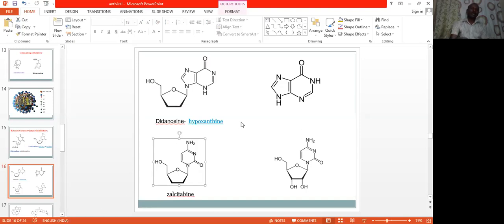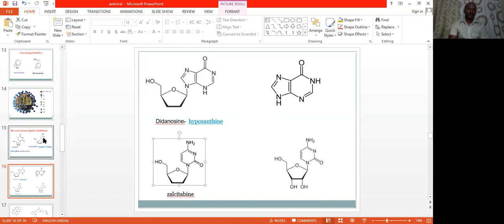If you have zalcitabine, here if you see, this is a cytidine. This is cytidine, actually the normal nucleotide which is present, and if you see dideoxycytidine, these two hydroxyl groups are missing. To this analog we are giving the reverse transcriptase inhibitor, that is zalcitabine.